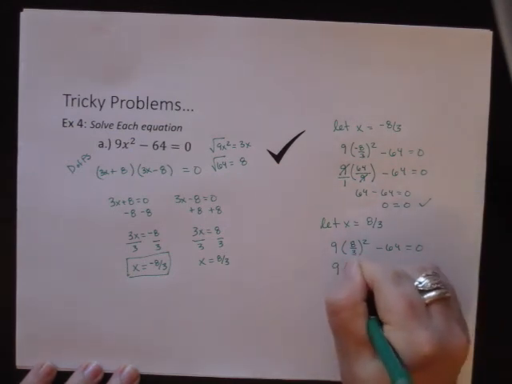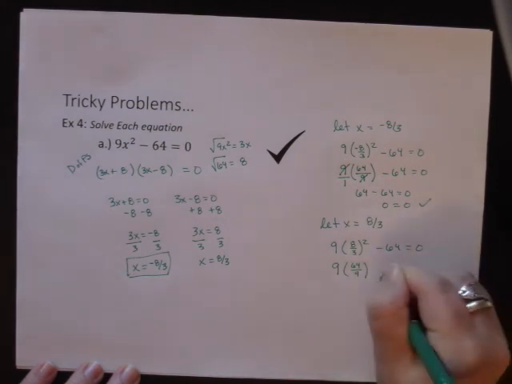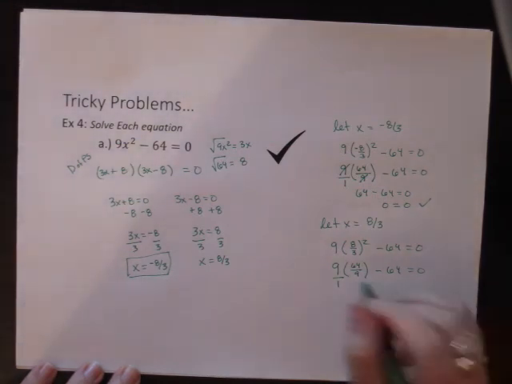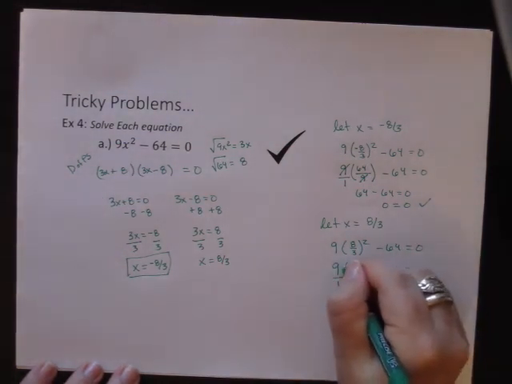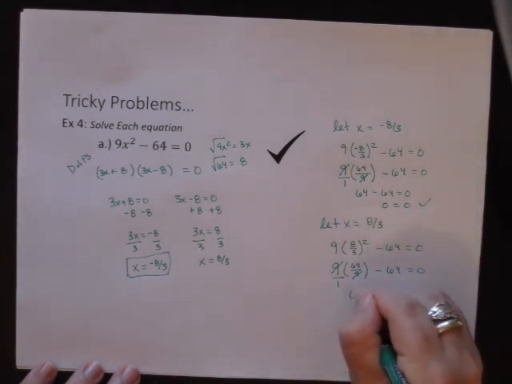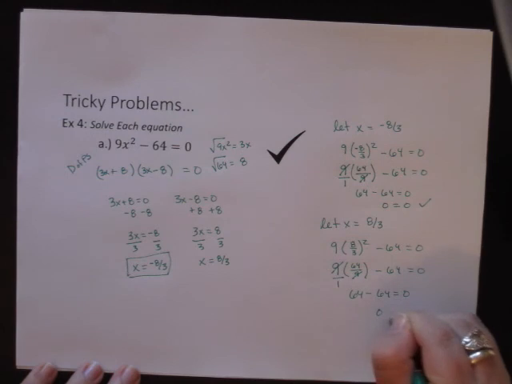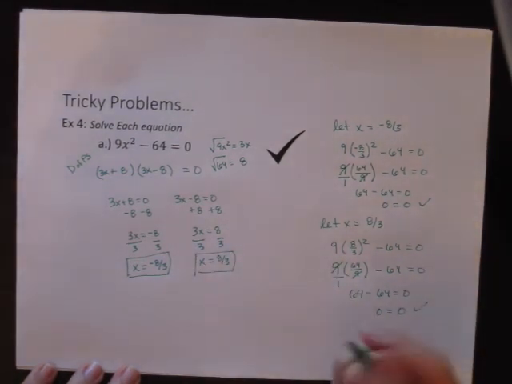So I've got 9, and then I've got 64 over 9, minus 64 equals 0. I'm going to put this over 1 again, because when I put it over 1, it's a fraction times a fraction, and I can look to cross cancel. The 9's will cross cancel with each other, and I'll be left with 64 minus 64, which is 0, so 0 equals 0, true statement. Box my answer.